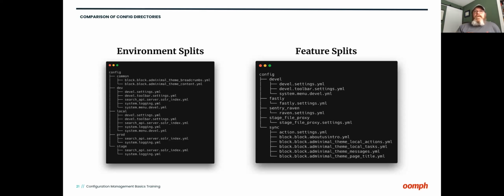In a feature split, again, you have that config folder, but you have your devel, Fastly, stage file proxy, and sync directory. The sync directory is actually synonymous with the common directory in those examples. Where we're using common for the environment, that is the config that applies to everything. The same thing is true here with the sync directory. That applies to everything.